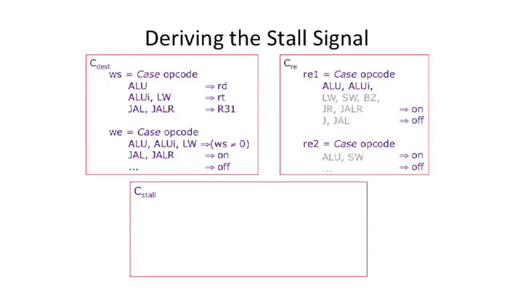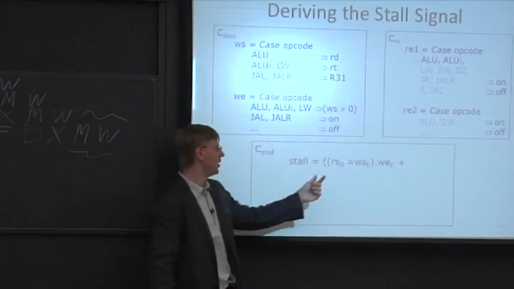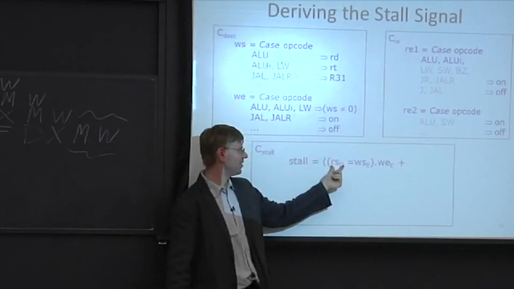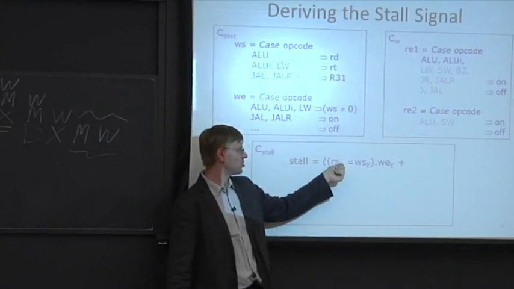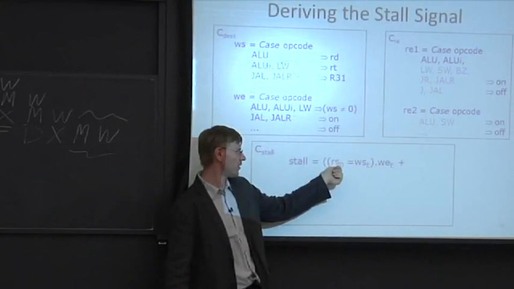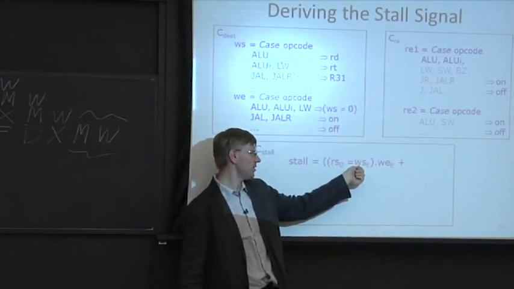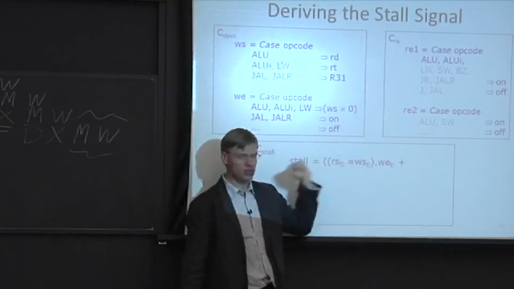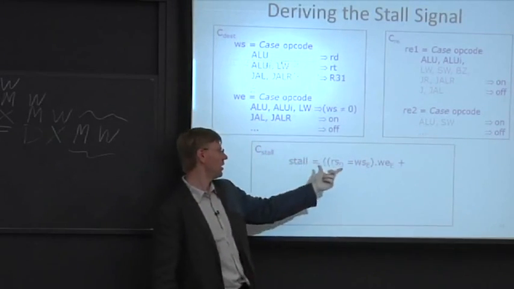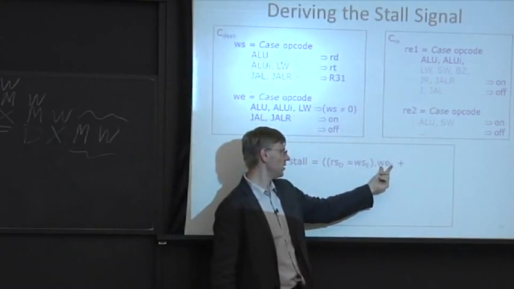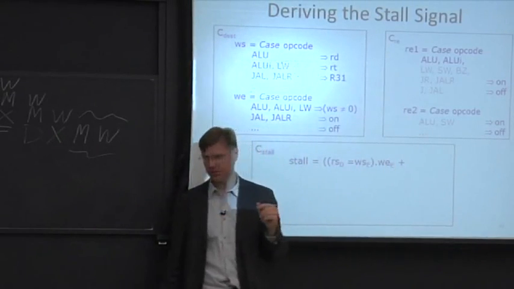OK, so now let's put together the actual stall signal. And this is the stall signal for the decode stage and the fetch stage of the pipe. We're going to end up with the stall equaling a comparison between the source register identifier in the decode stage and the write register identifier in the execute stage, and that it's actually writing.